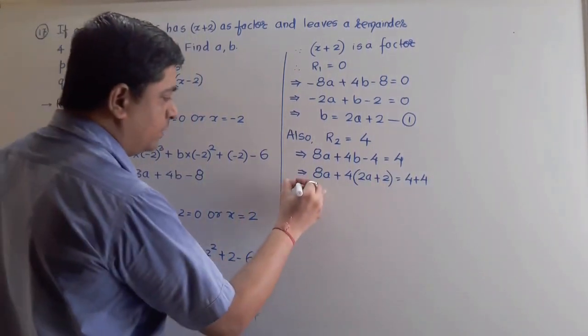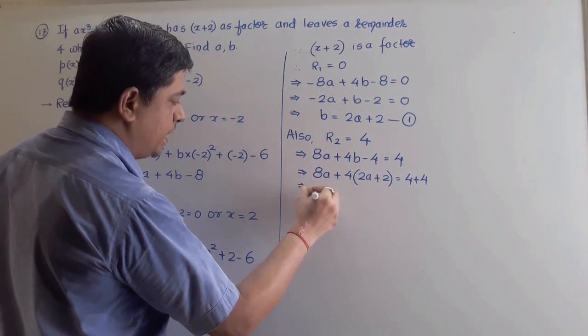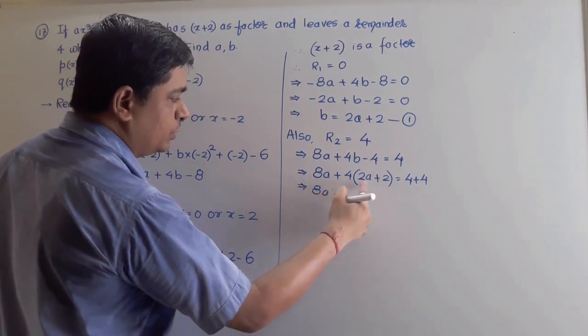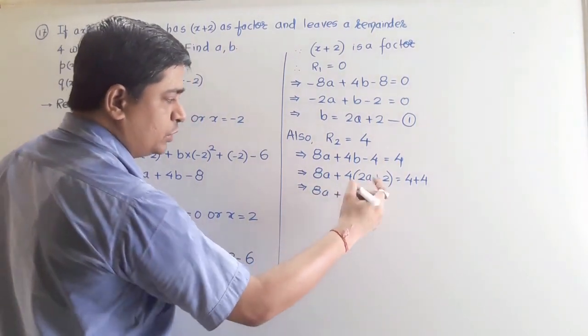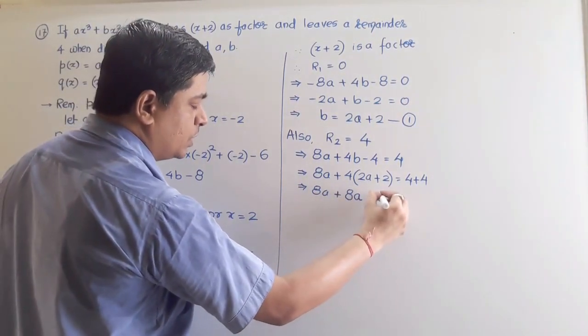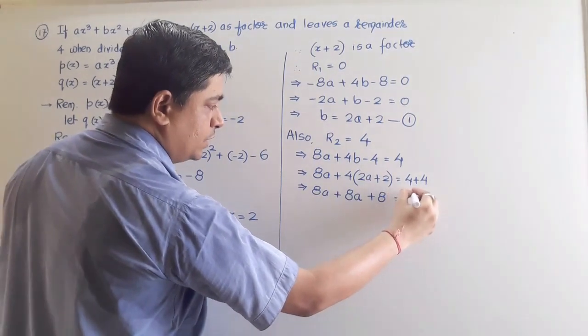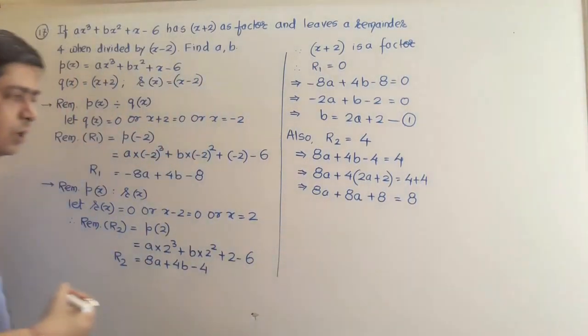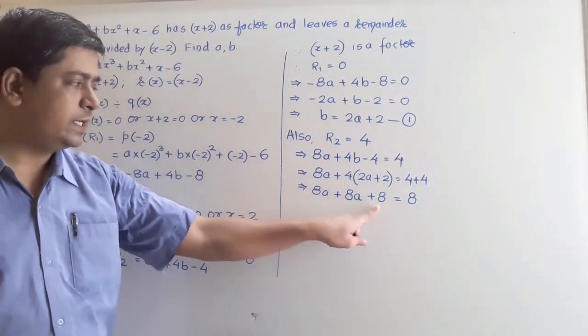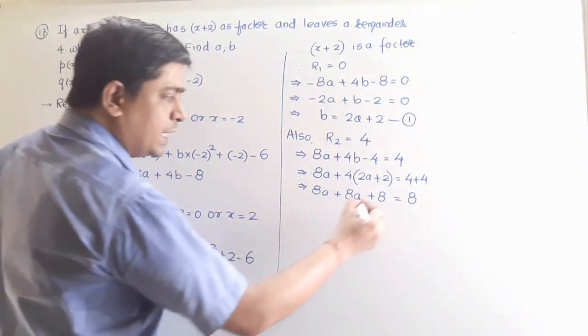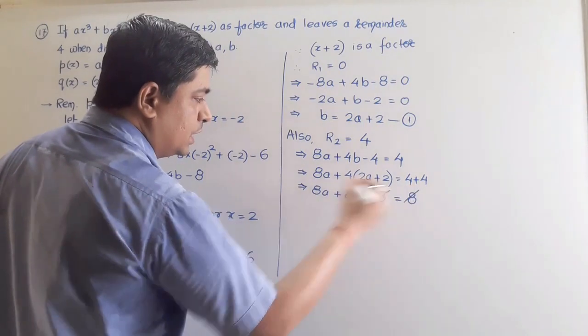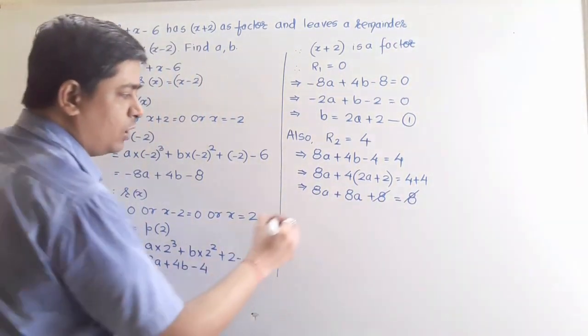Now you observe, this will become 8a plus 4 into 2a, that is again become here 8a, 4 into 2, that will be plus 8, okay, and is equal to what will remain? 8. Now think, if this 8 I send onto that side, that will become minus, and 8 and 8 both will be cancelled. So here only we can do the cancellation. 8 and 8 got cancelled.